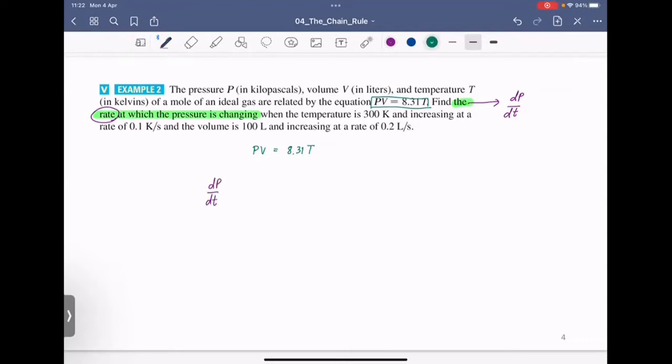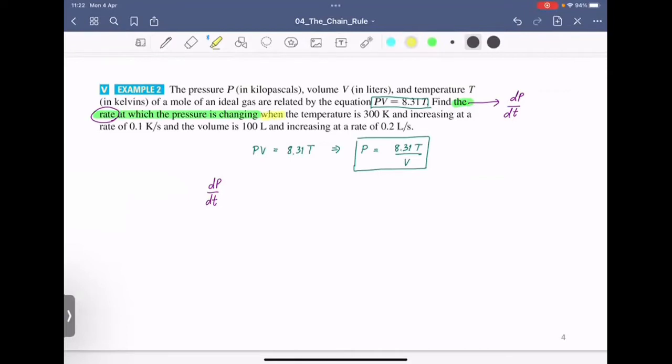Well, what you can do here now, you can say P is a function of 8.31 T over V. You can do that because you can move V to the other side. So this is P equal to that. Okay, and then let's look at what they give in the question.